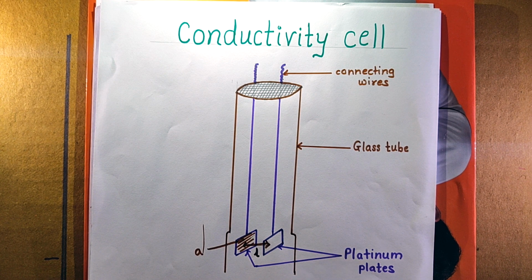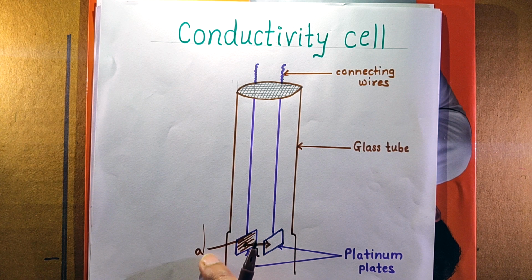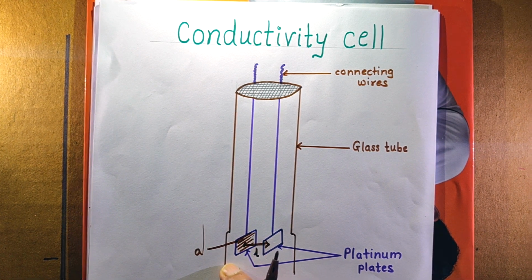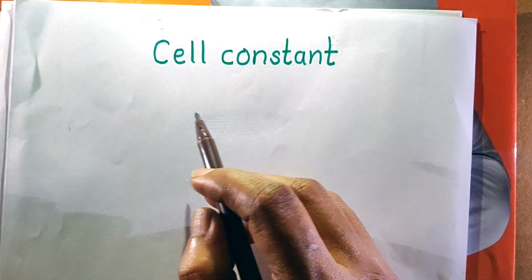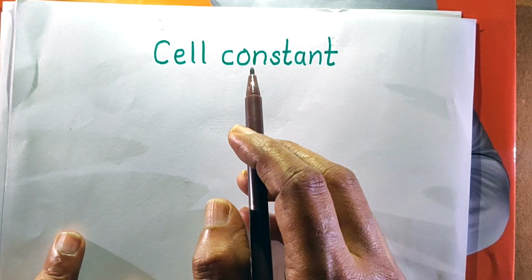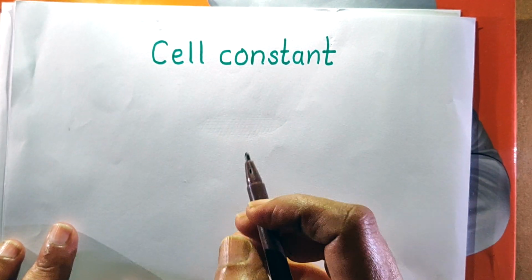But for a particular conductivity cell, this value will be the same, that is L and A. Remember, L is the distance between these two platinum plates and A is the area of cross section of this conductivity cell. Each conductivity cell is associated with one constant that is called cell constant.